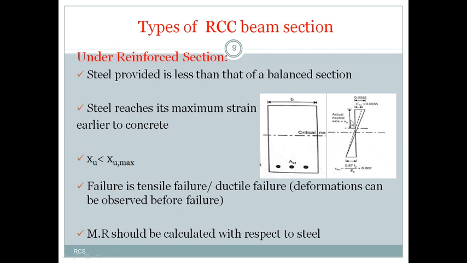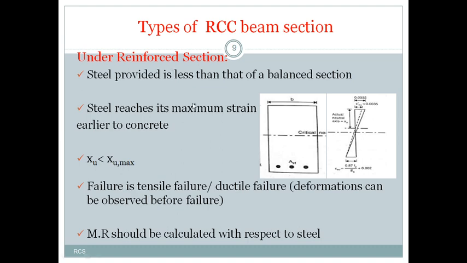As we are providing less steel compared to the balanced section, in this condition your steel will fail first. As steel is a ductile material, before failing it will elongate. That means it will give a proper indication before failure of a structure.